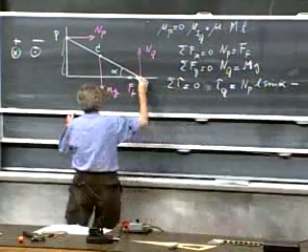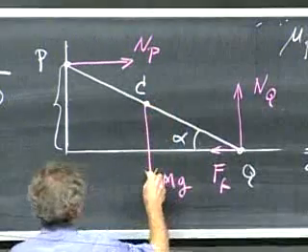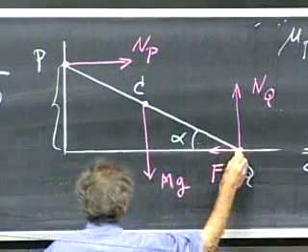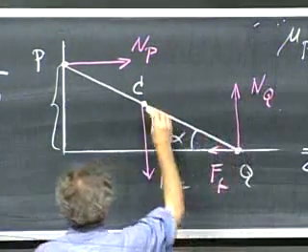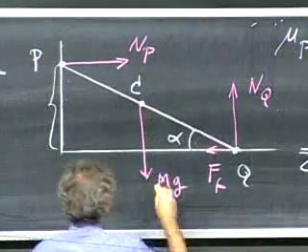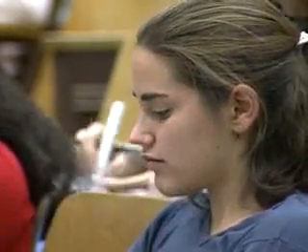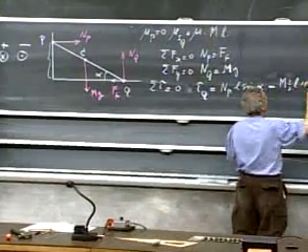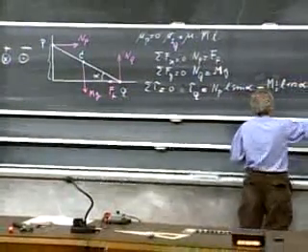Now I need the cross product between the position vector and mg. That is the length here, which is 1/2 L cosine alpha, times mg. And that now must be 0.